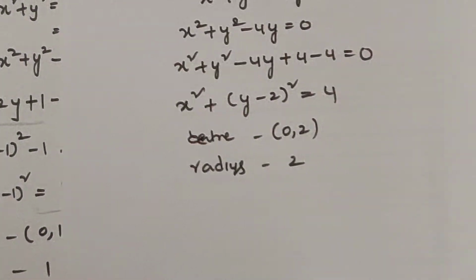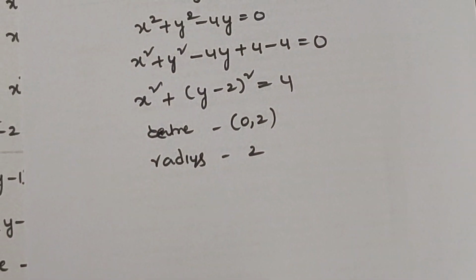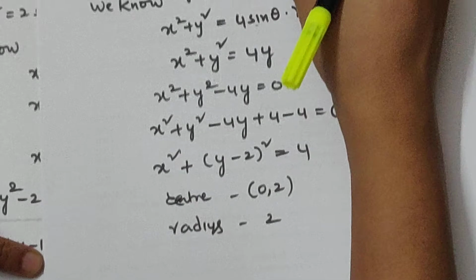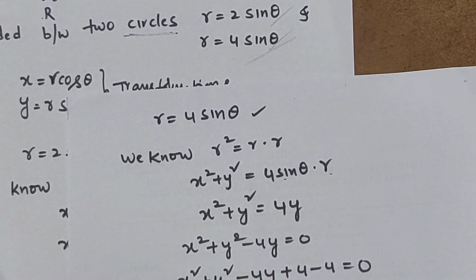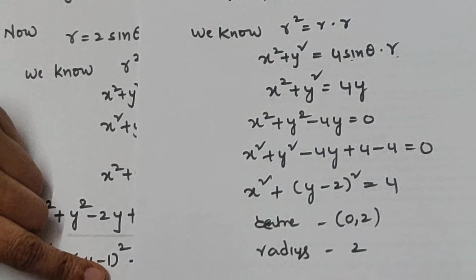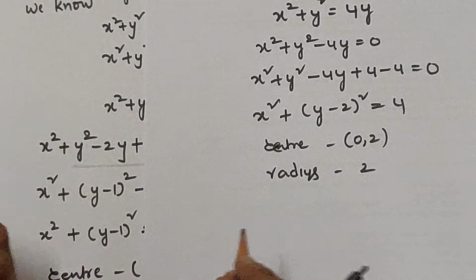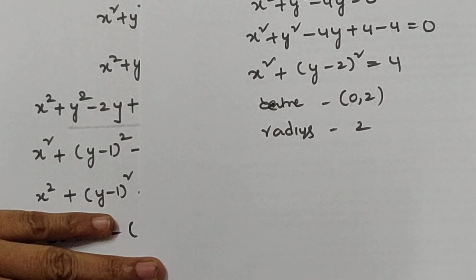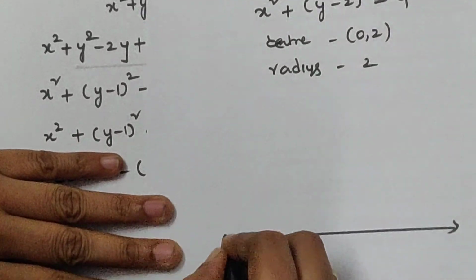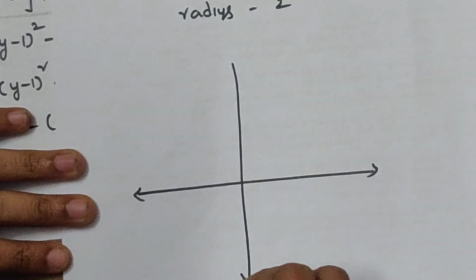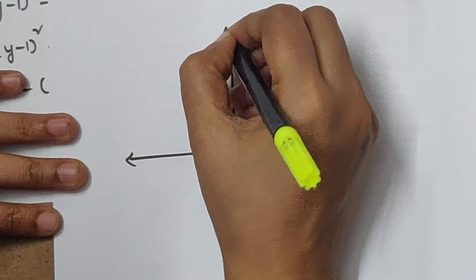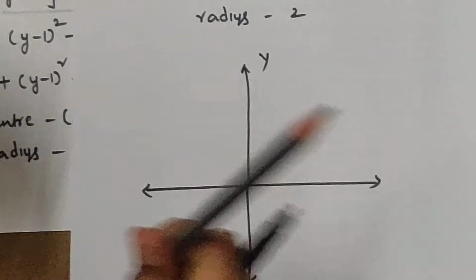Now we have converted the polar circles into Cartesian circles. Now identify the region of integration. Draw the x-axis and y-axis.